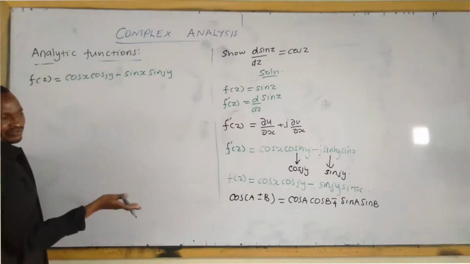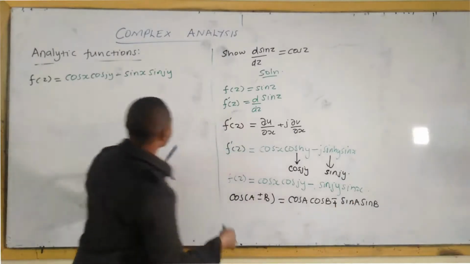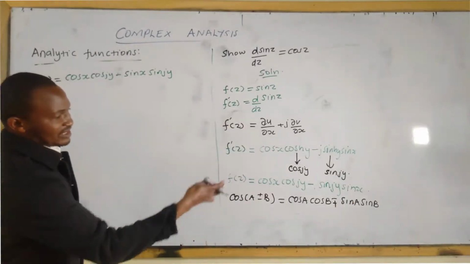I'm only doing it for uniformity. You see, cos A sin A, cos B sin B, just for that uniformity. But you can just have it like this.